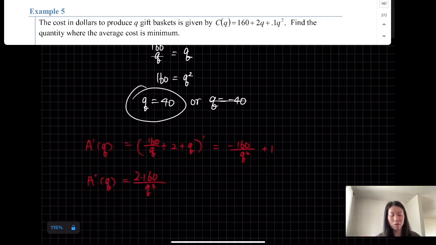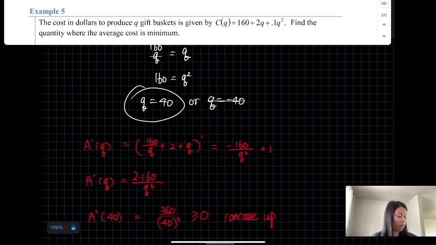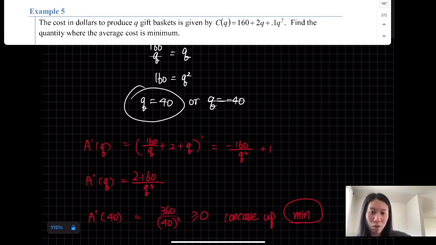So when you input a positive number, Q to the cubic power is always a positive number, right? So the second derivative is always concave up. If it's concave up, that means we will have our minimum. So we will have the lowest average cost when we produce that many gift baskets.